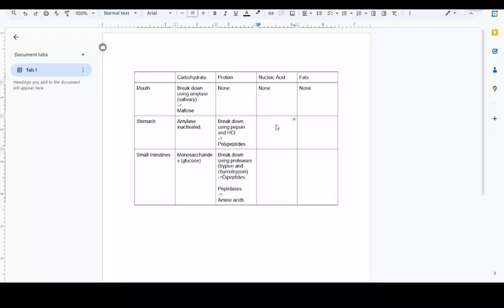For nucleic acid, it's a little different. We can't do anything in the mouth either, and we also cannot do anything in the stomach, since this is mostly only absorption. Only the small intestine does its work. So we come in as DNA and RNA.